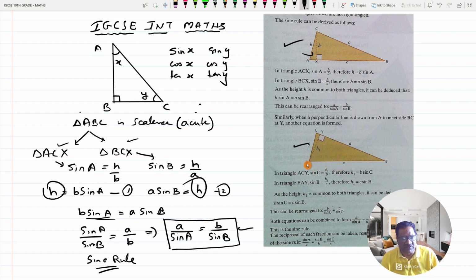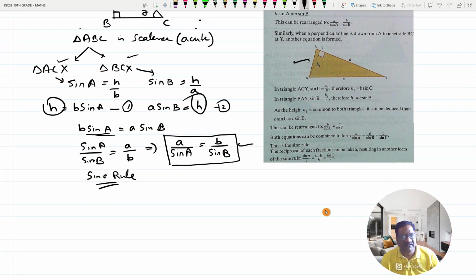We can draw the altitude AY on the side BC. And when you do that, again, you will get a relationship between B and C. So I'm not going into more detail. You can do that on your own.